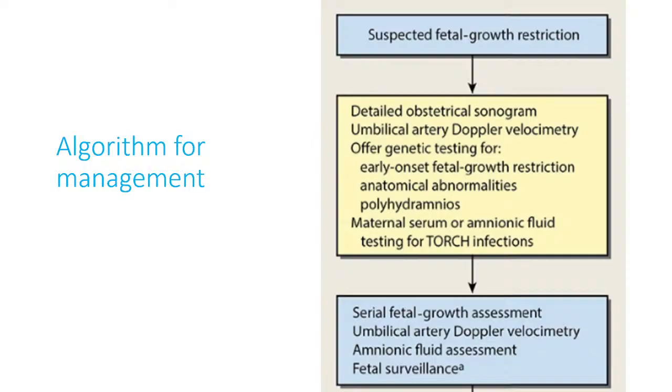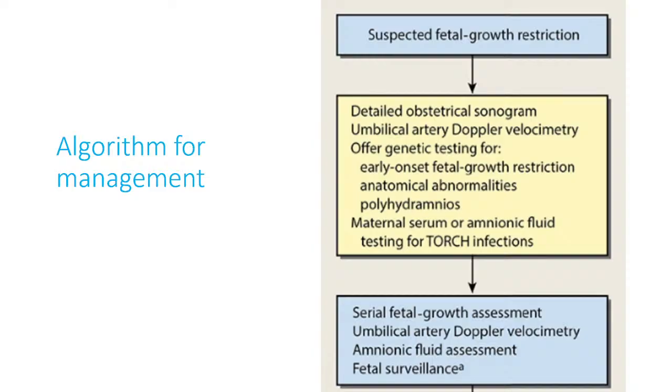And you have to see whether polyhydramnios or oligohydramnios is present. Usually oligohydramnios is seen, polyhydramnios may indicate genetic abnormality. Then maternal serum and amniotic fluid testing for TORCH infections. So, these are the things you have to do when you suspect any fetal growth abnormalities.